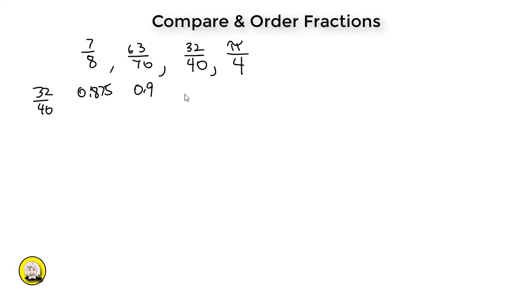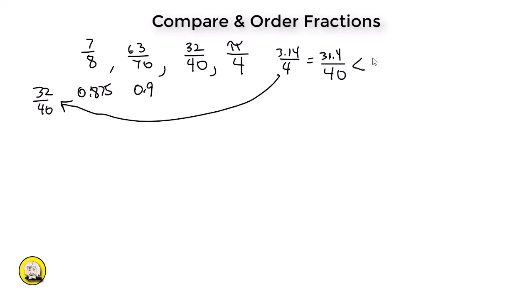And pi over 4, I can make a comparison. I know that's roughly 3.14 divided by 4, so it's a little more than 75%. So my comparison is going to be right with 32/40. And I can use a common denominator in that case. That's equivalent to 31.4/40.